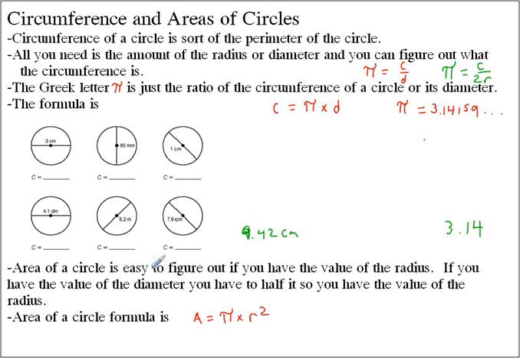So 5.2 times 3.14 is equal to 16.328. And that's just equal to the value for pi, which you can just substitute right in.